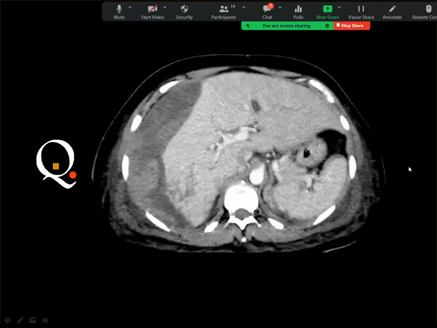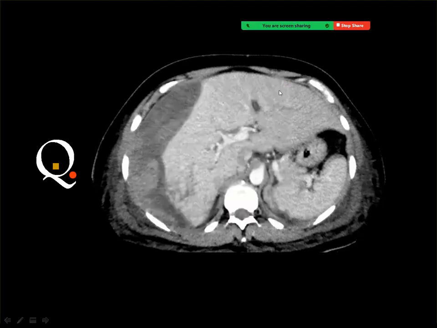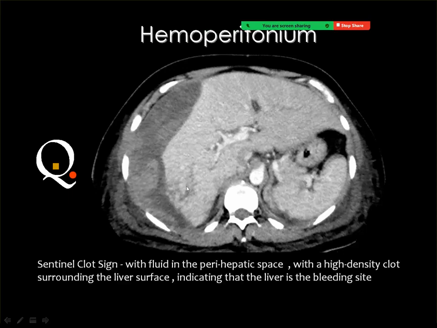Next case is an abdominal scan obtained after contrast injection. Subcapsular hematoma with laceration? Yes, very good. And this is laceration in the right hepatic lobe of the liver. And there is a big subcapsular hematoma of different densities.